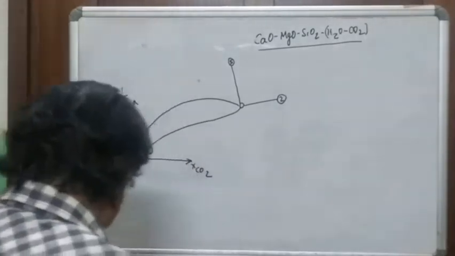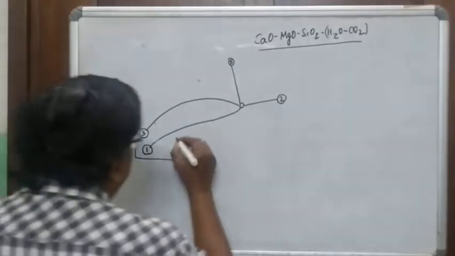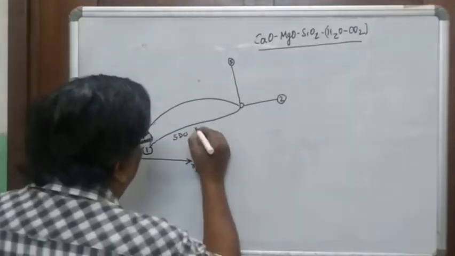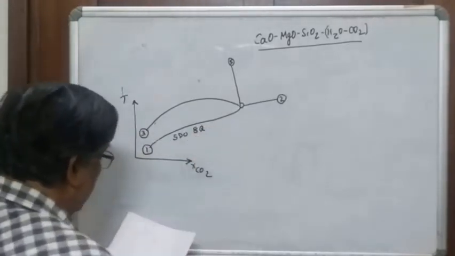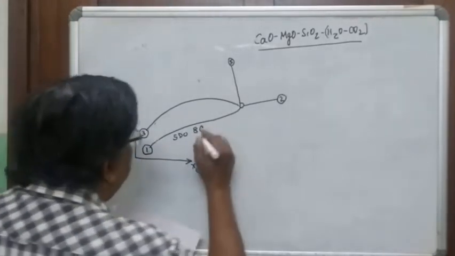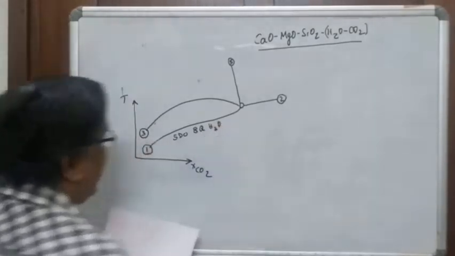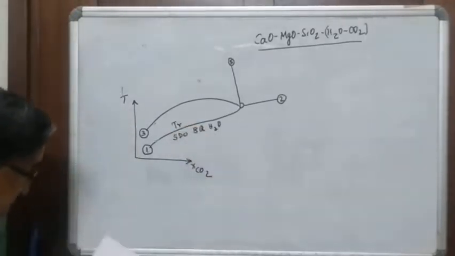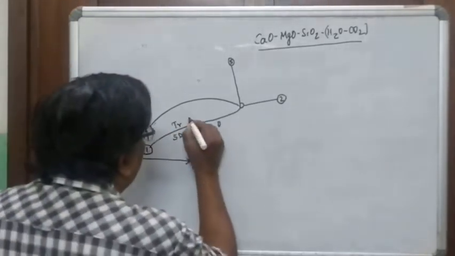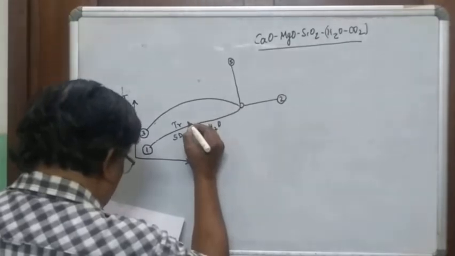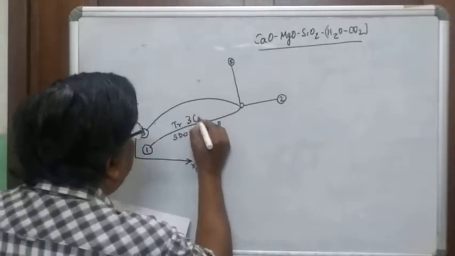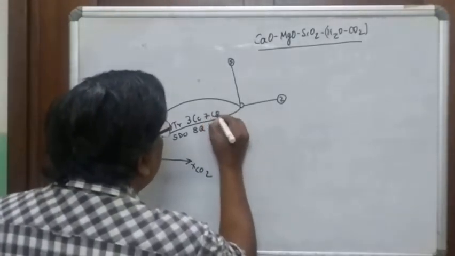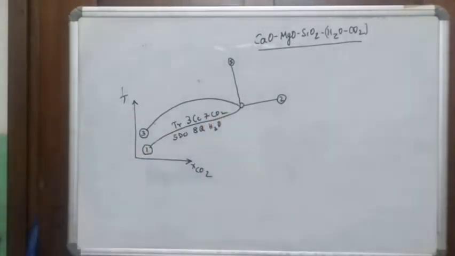Just to give you the reactions, I will just draw them, just give me a time. 5 dolomite, 8 quartz, H2O. This is the reaction. And this gives you tremolite, 3 calcite, and 7 CO2. That's how the reaction is.